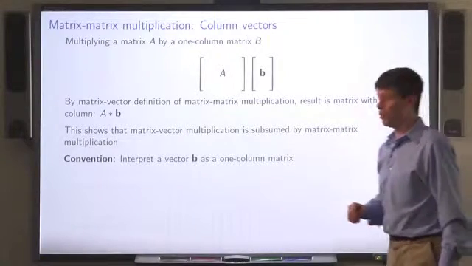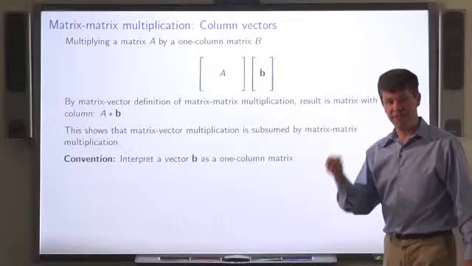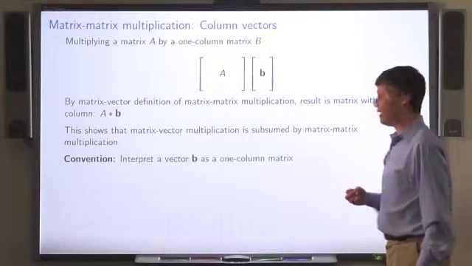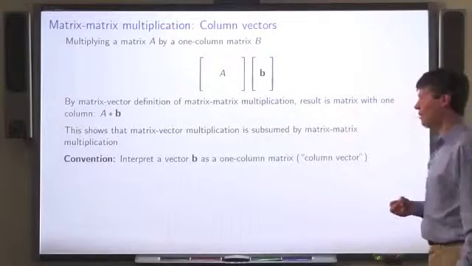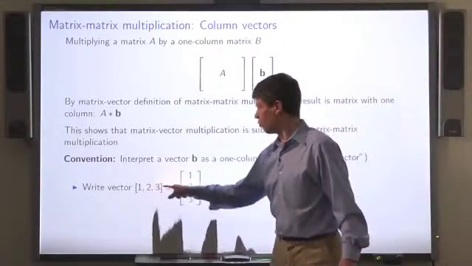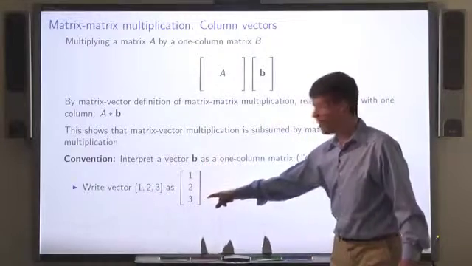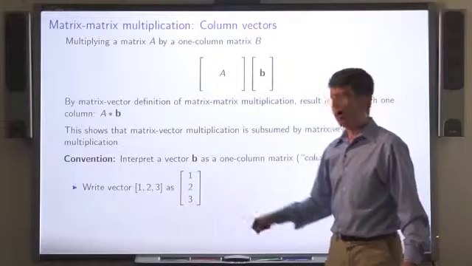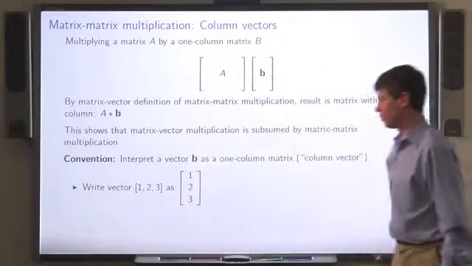Now, there's a convention to interpret a vector as one of these one-column-wide matrices. It's called a column vector. So we would write the vector 1, 2, 3 in this way, as a matrix with one column, namely 1, 2, 3.